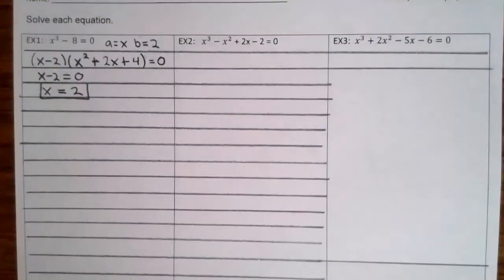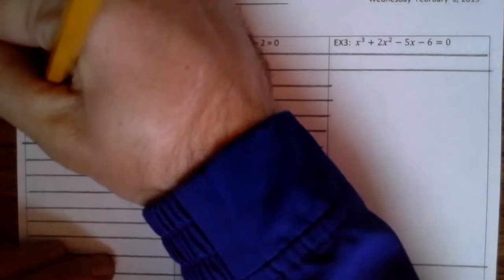Now the second part, we need to see if it's factorable. So X squared plus 2X plus 4 equal to 0. Now to see if it's factorable, we just find all the combinations that make 4. So 1 times 4 is 4. 1 plus 4 is 5.